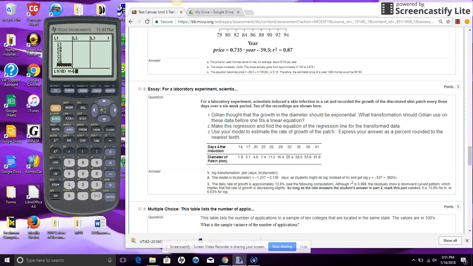Okay, so here's the days after induction, and then I'm going to head over to column L2, and in column L2 I'll start entering the diameters. Oh, it looks like I can do it from my keyboard. So let's do that. Oh yeah, that's a lot faster.